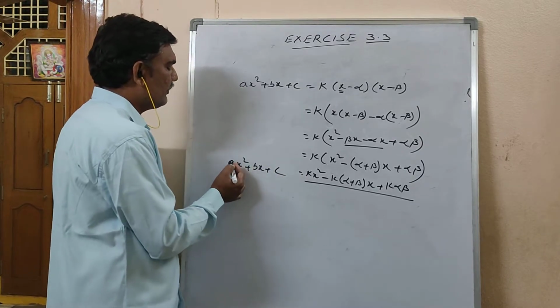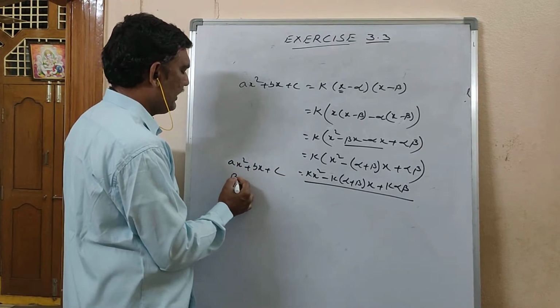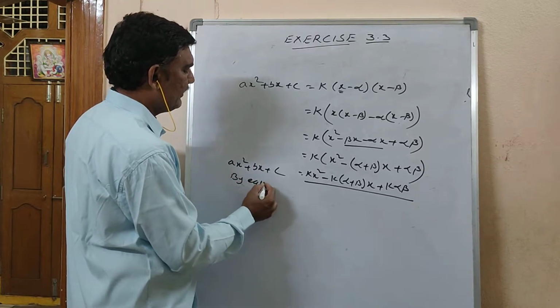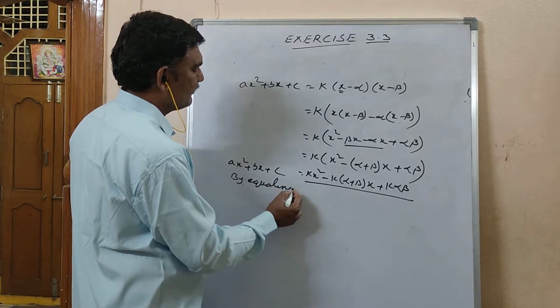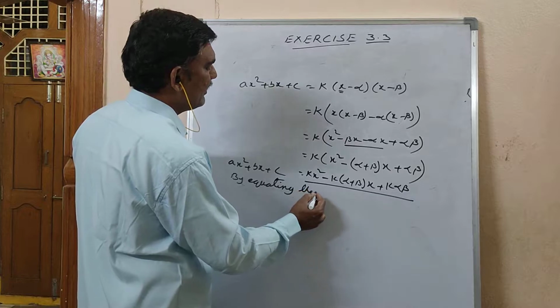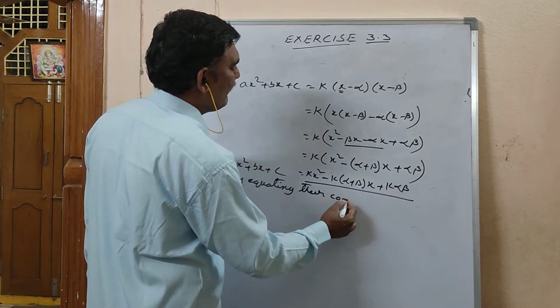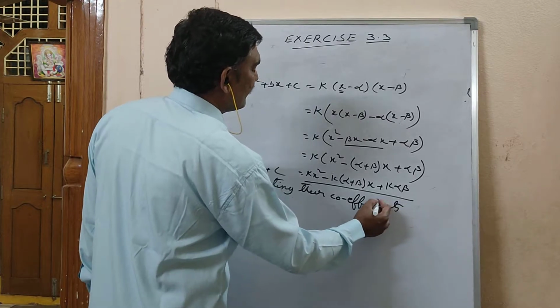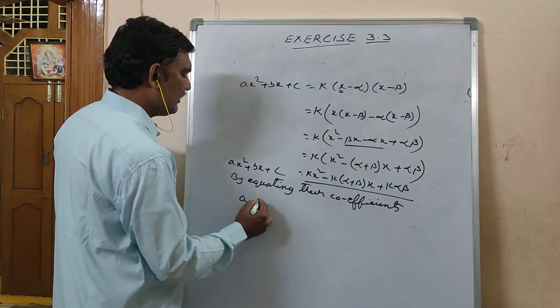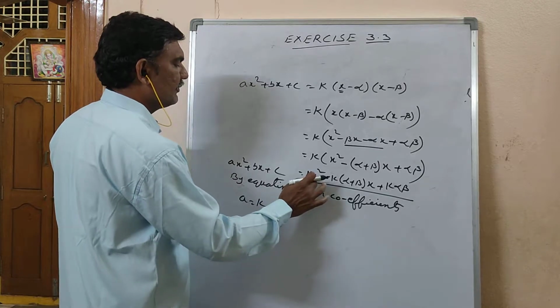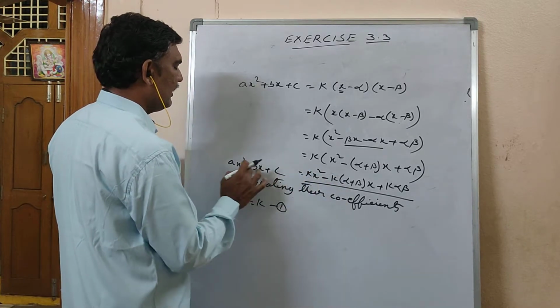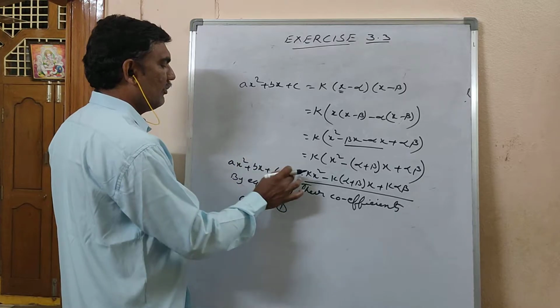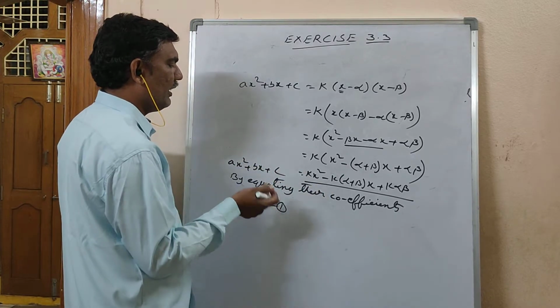What is the x square coefficient here? By equating their coefficients, a is equal to k, because the x square coefficient here is k and here it is a. Both are equal, so a is equal to k only.